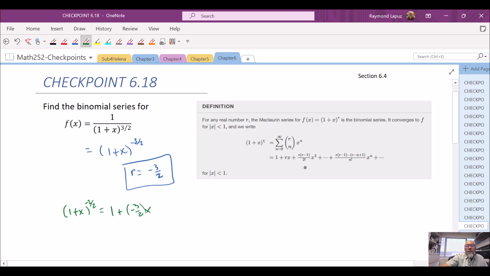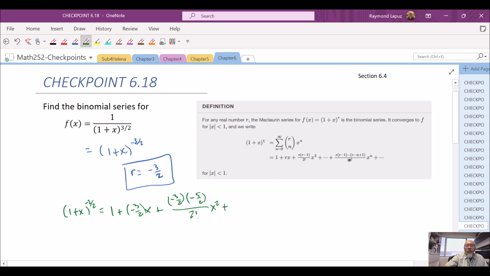And then this is going to be r choose 2 for the second term. So our r is negative 3 over 2, and then we have negative 3 over 2 minus 1, so that's negative 5 over 2, and then divide the whole thing by 2 factorial, and then we have x squared.